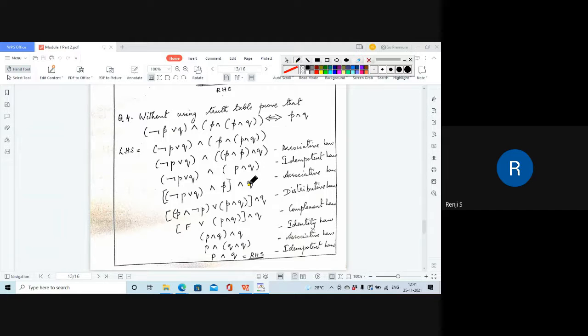If you have any doubts, you can ask. Ashwin, any doubt in this question? Okay.